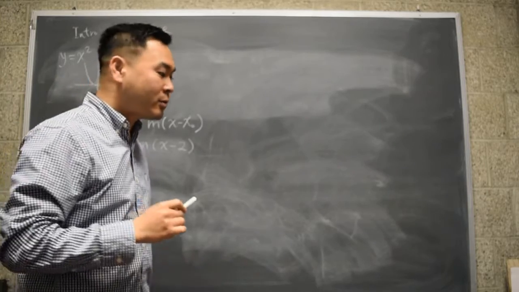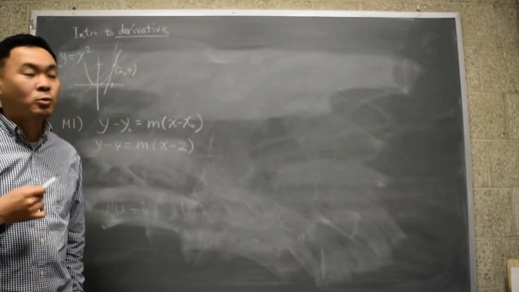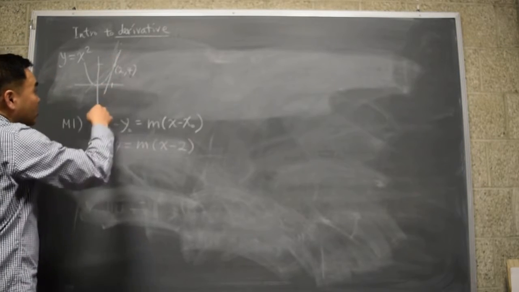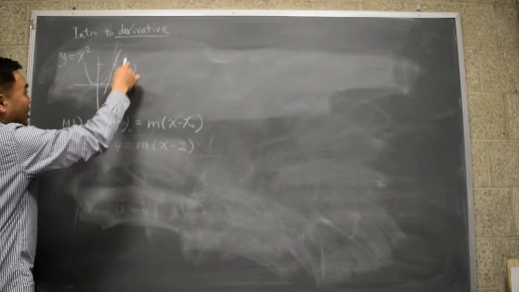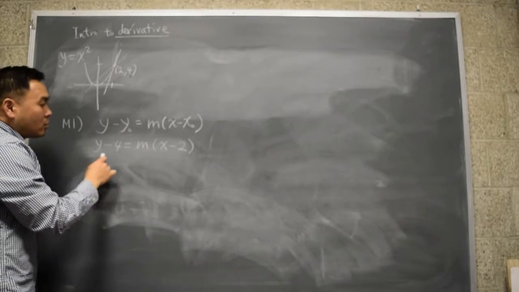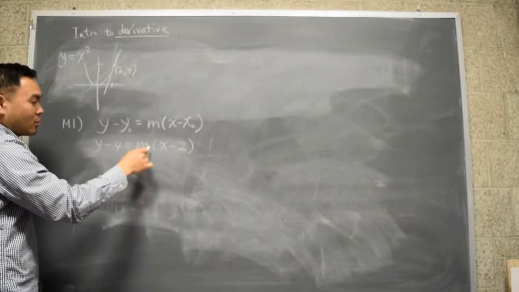Now, however, in order to get the slope m, we have to ask ourselves, what makes this tangent line special among all the possible lines that you can draw that pass through (2, 4)? After all, this is a line that passes through (2, 4) with some slope.